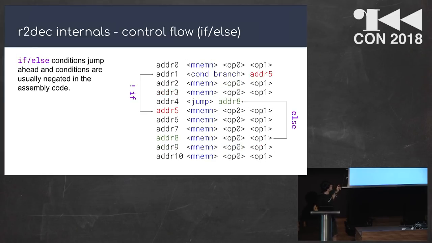For ifs, it is different. Usually in C you write if A is greater than B, and to get inside the block the condition needs to be true. In the assembly, it's not like that. You will have a conditional branch, and the branch says, if A is less than or equal to B, you have to jump.